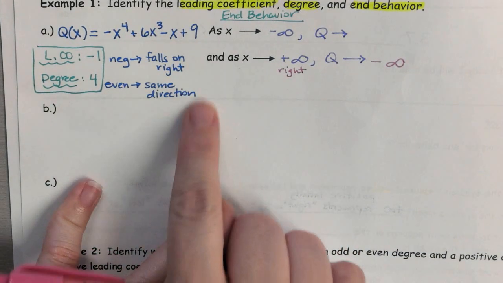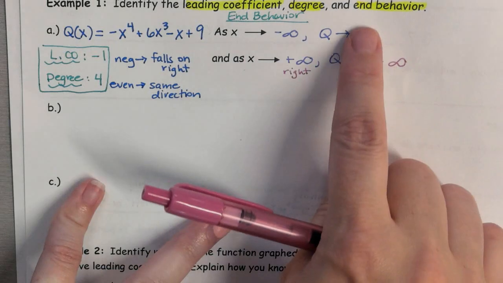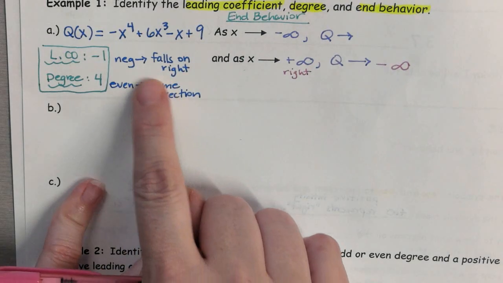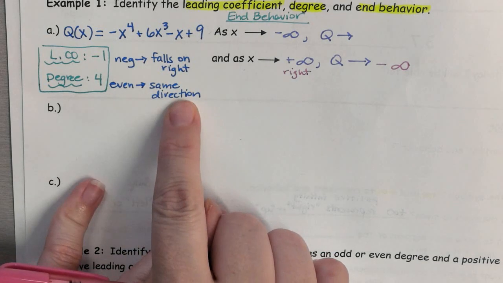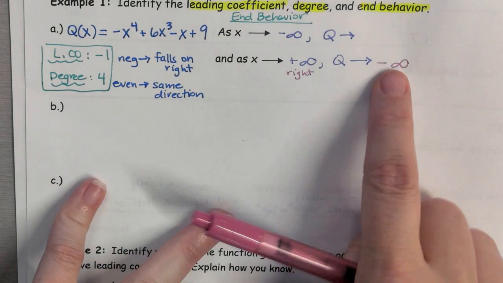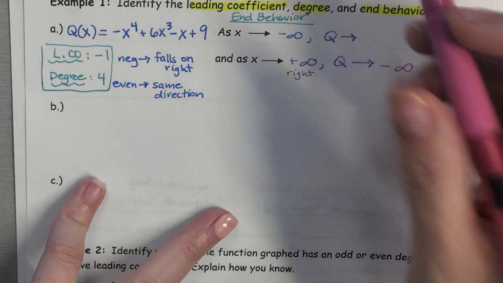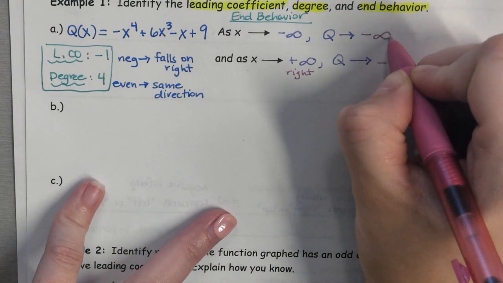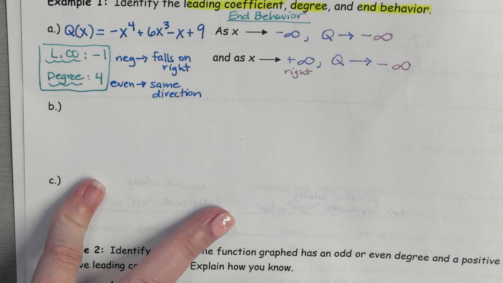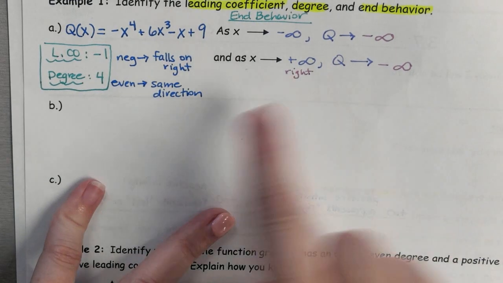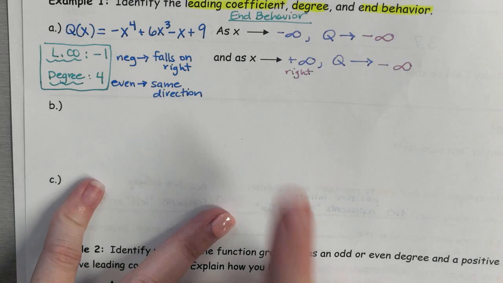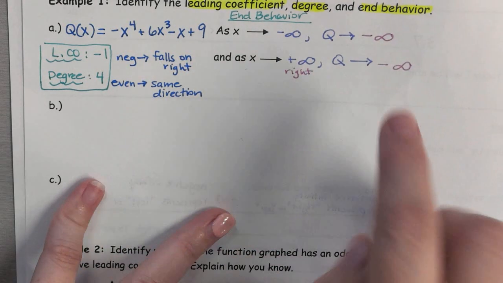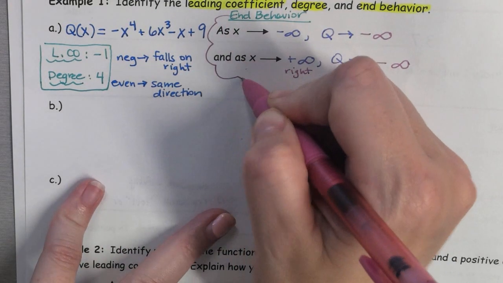Now the next thing I'll fill in is this one, based on whether it's an even or odd degree. If it's even, it goes in the same direction, which means if this side is going down, this side also has to go down, because these two have to be the same. So this is going to be your end behavior, this whole thing here.